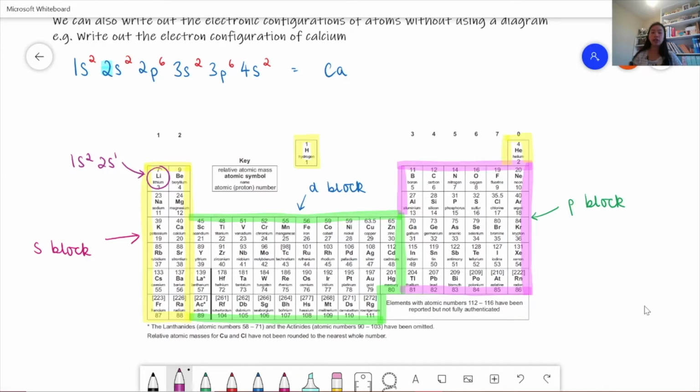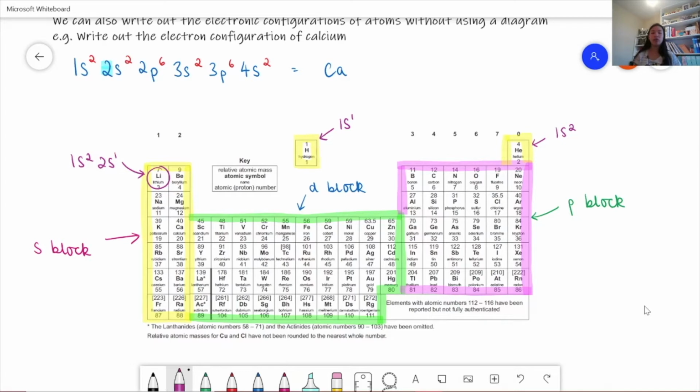So for hydrogen, we have 1s, because we fill out the 1s orbital first, and we have 1 electron. And then for helium, we would have 1s2, because we can fit 2 in this 1s orbital. And then we start to fill out the 2s orbital, and that's why lithium is 1s2, 2s1.